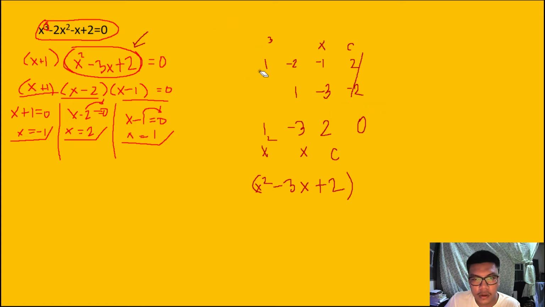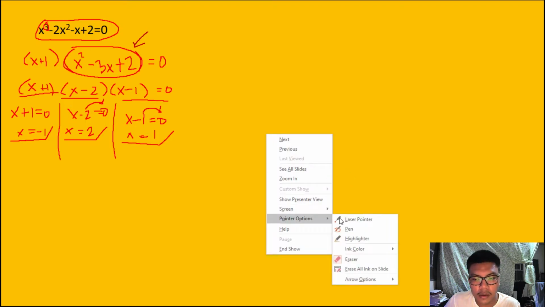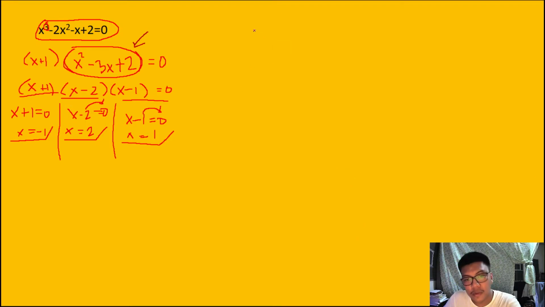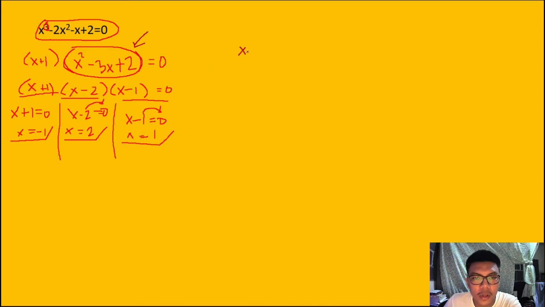So, pantest ito kung yung naisip mong factor ay factor nga ng ating equation. So, halimbawa, x plus 1 pa rin tayo. X plus 1, halimbawa, sinabi natin yan. Tingin ko, ito yung factor niya na isa. Di ba? So, x plus 1.